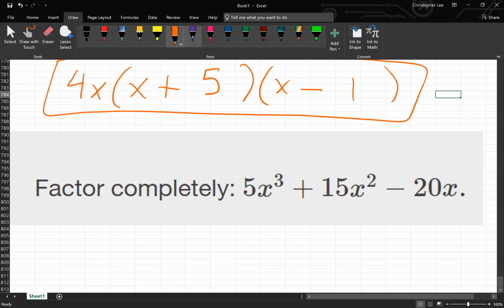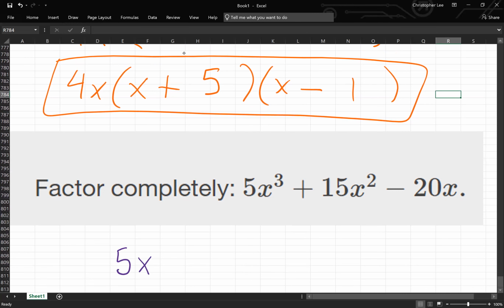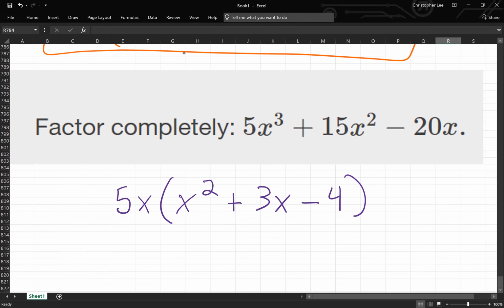X squared, okay. Plus 3x, good. All right, finish it off.